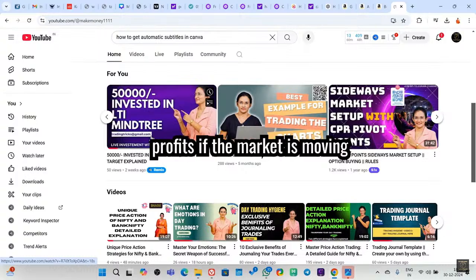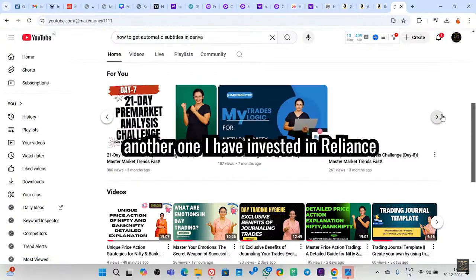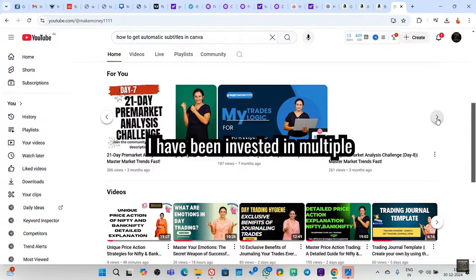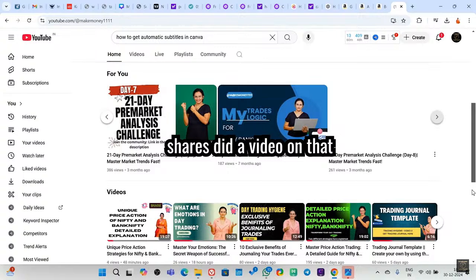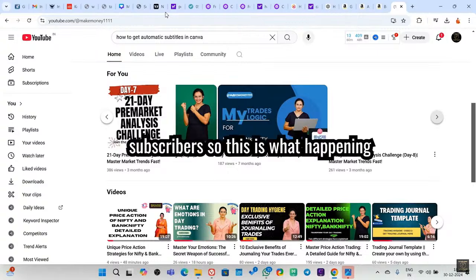If the market is moving higher and higher, you can see here another one. I have invested in Reliance also. Likewise, I have invested in multiple shares, did a video on that, and once the target completes, I would like to show it to my subscribers.